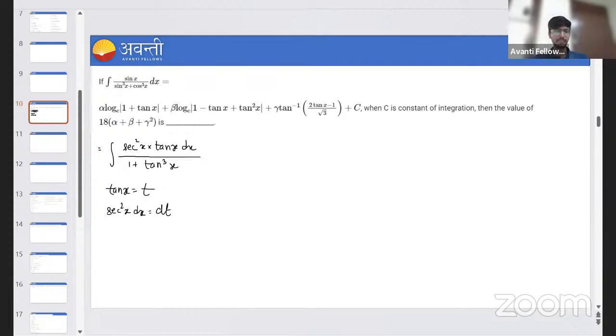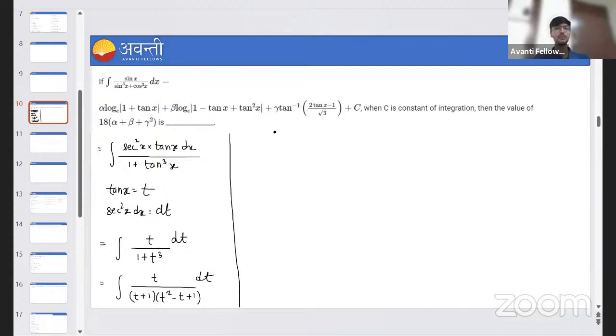My integral will now become the integration of t upon 1 plus t cube dt. Correct? And I can factorize the denominator, a cube plus b cube, as t plus 1 into t square minus t plus 1 dt. Now, after this, we can use partial fractions.